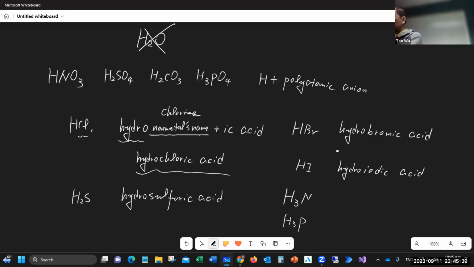They only have a monoatomic anion, so we add hydro, and this is nitrogen, right?